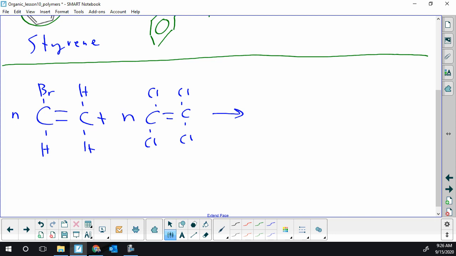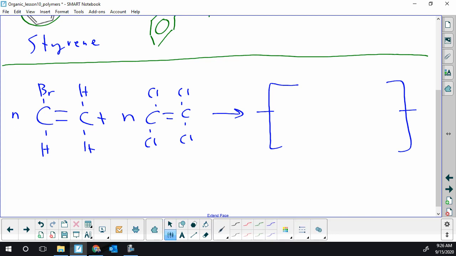Okay. Now, if we mix those together, we're going to keep getting one of those and one of those and one of those and one of those, particularly if you mix them in the right ratio. It obviously takes a bit of planning and engineering to get it to alternate. We're going to get a repeating unit with one of each in it.